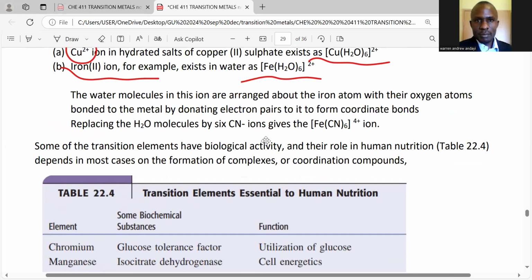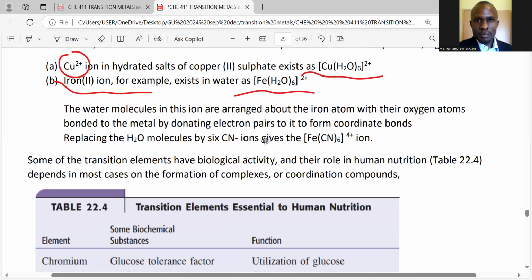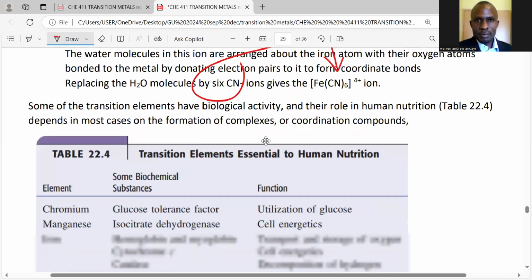Then you can replace these water molecules by any anion. So if you replace the water molecules in iron up here with cyanide, you can get that cyanide compound or cyanide complex.